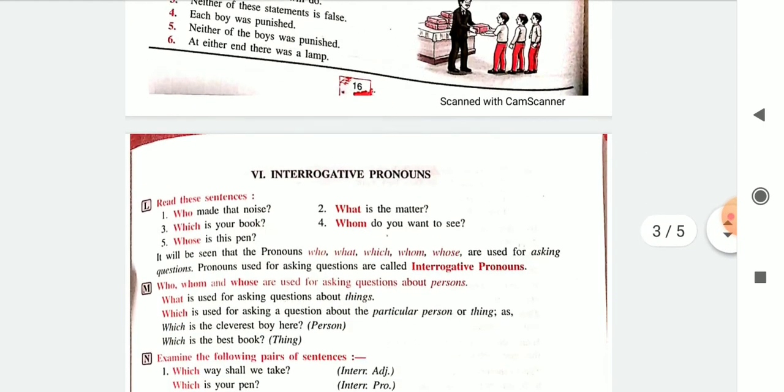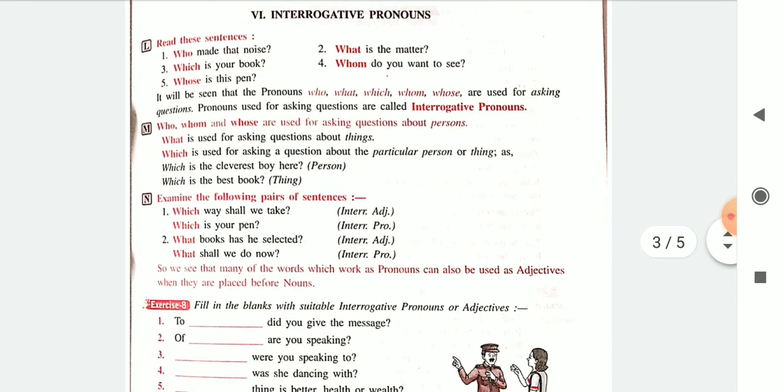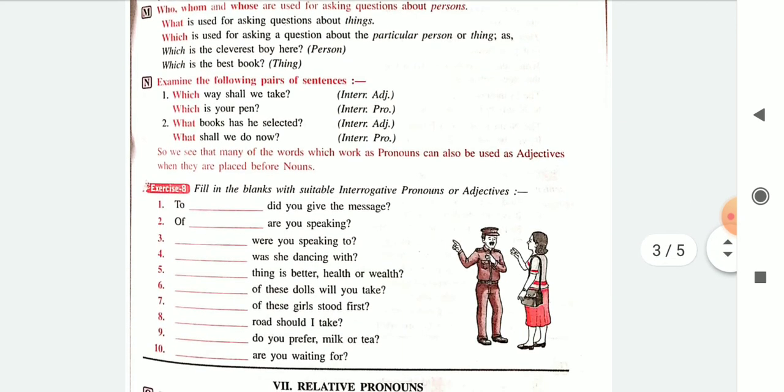Now we have the interrogative pronoun. The word interrogative itself should help you understand. Interrogative is when you ask a question. So the words which help you to ask a question, who, what, where, whom, which, are interrogative pronouns. I don't think there is a problem doing exercise 8 at all. You just have to fill in the blanks with the correct word. Should I do the first one for you?